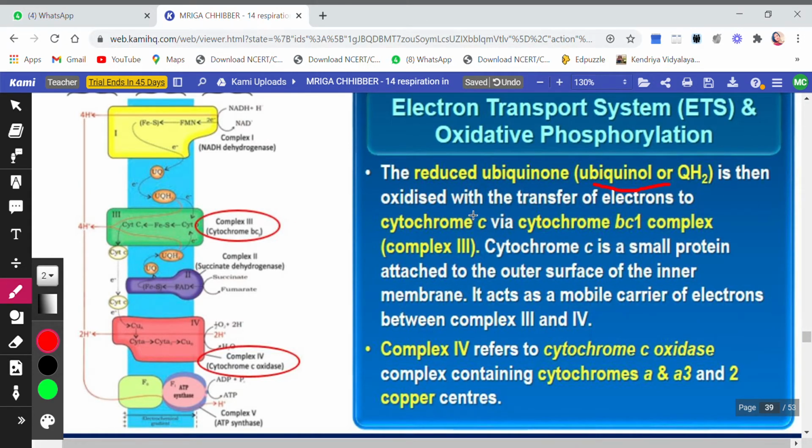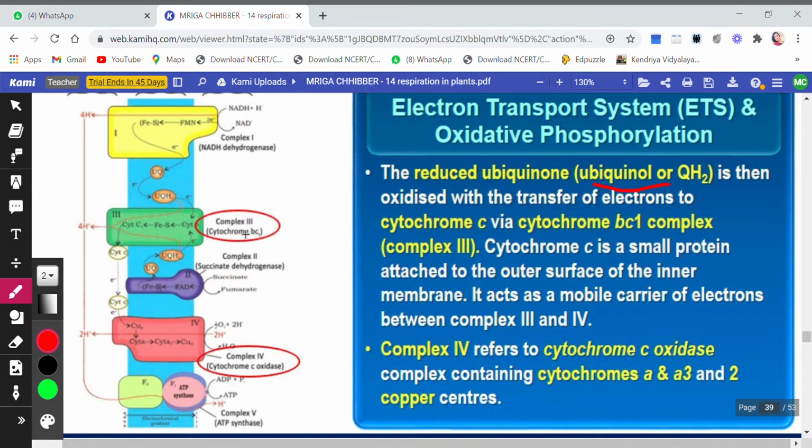is then oxidized with the transfer of electrons to cytochrome C. Now the electrons from here will be transferred to cytochrome C. You see, from cytochrome C, all the steps are going on. So the electrons are transferred from ubiquinol to cytochrome C. Through many complex steps, it will reach cytochrome C via cytochrome BC1, the complex, that is complex 3.